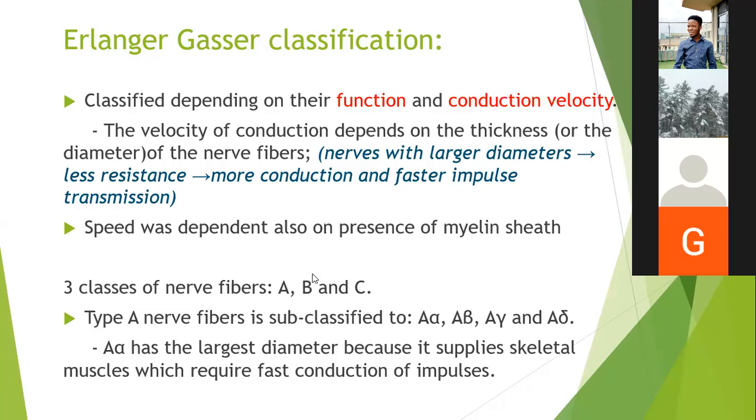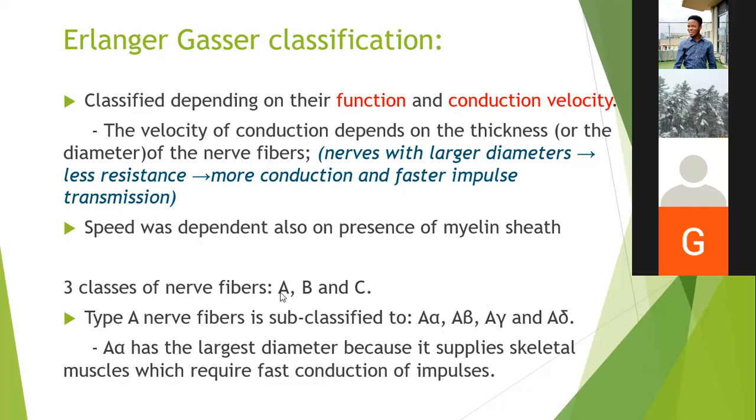When it comes to the B fibers, they are intermediate in size or diameter. The C fibers have the smallest diameter. Okay, so we have A, B, and C.